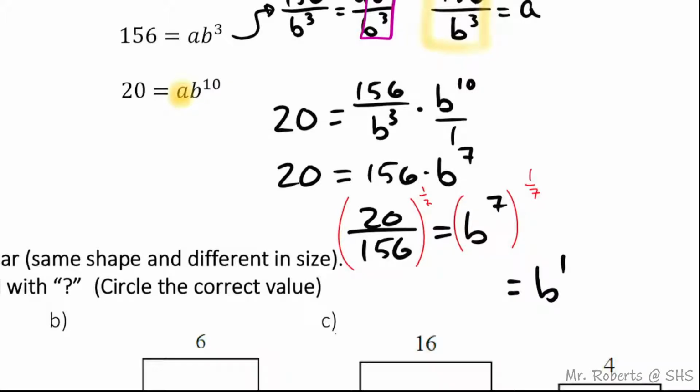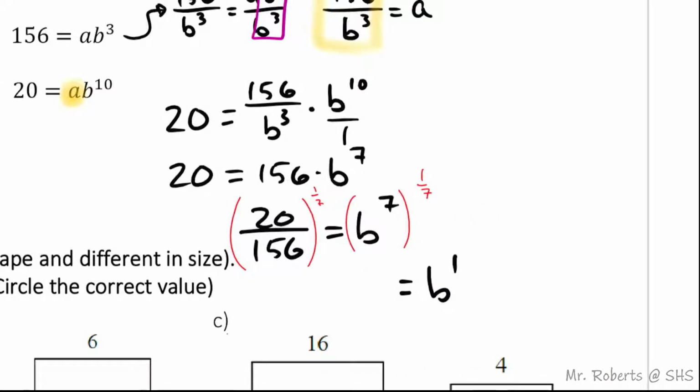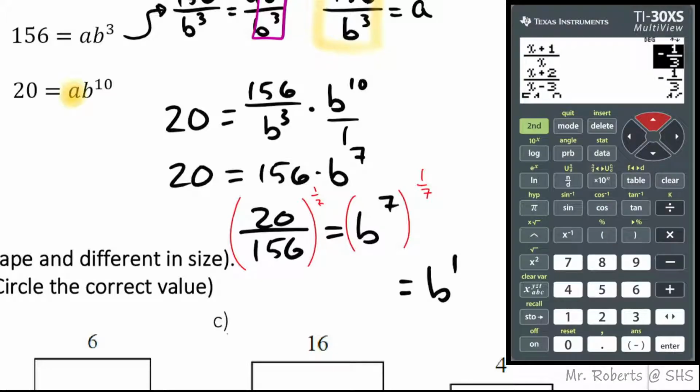On the other side, what is that, you say? Well, that's why I've got a calculator. So let me fire that up. Clear this. I need to figure out what the keyboard shortcut is for the fraction. Clear this. There we go. 20 over 156, and I'll just press enter. It reduced.